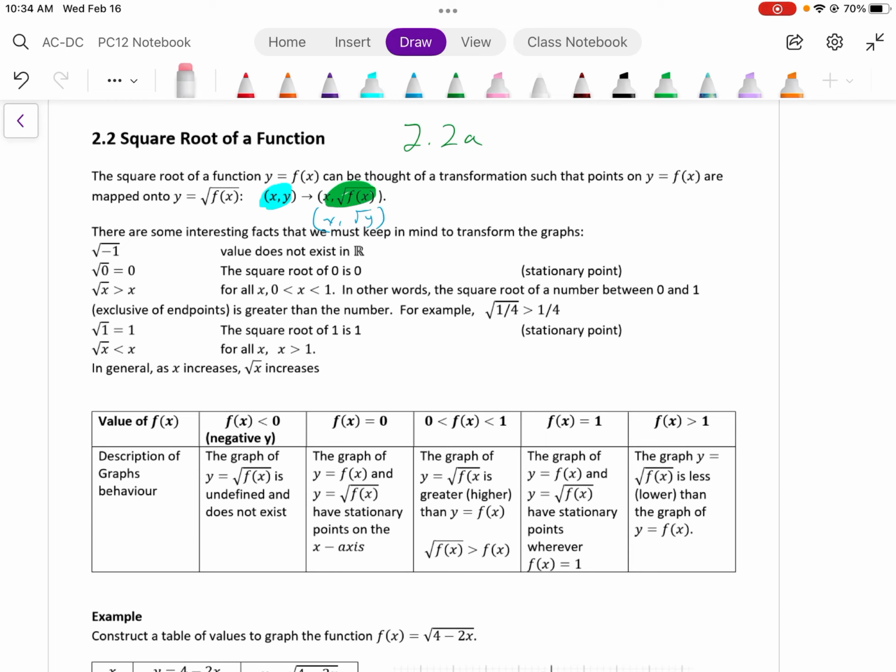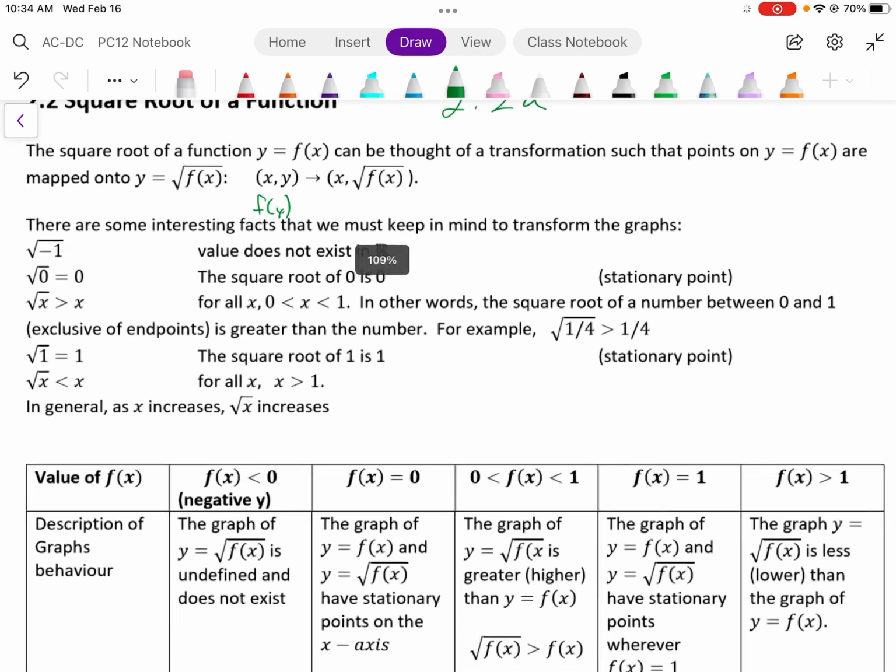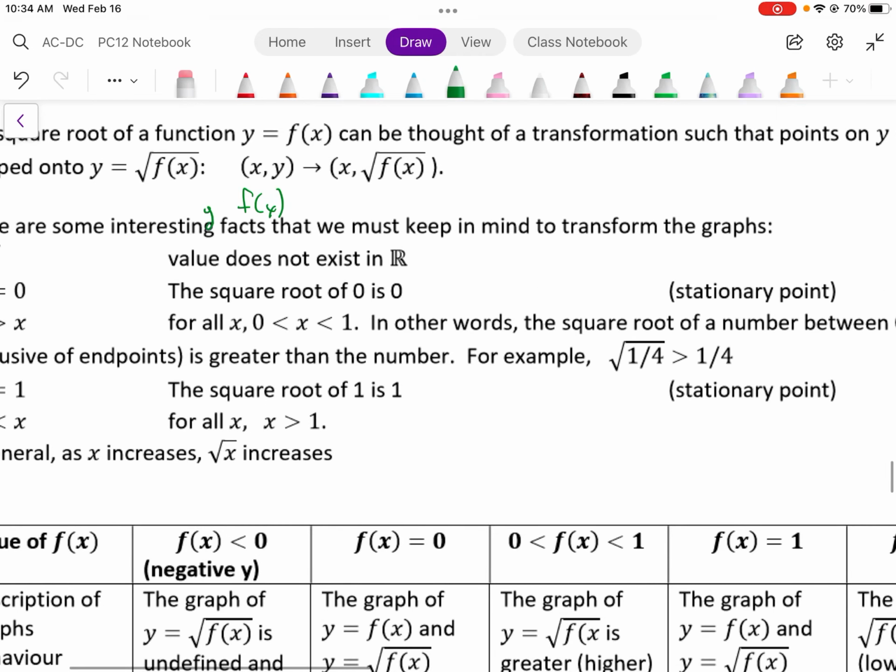But in mapping notation, what we see is that if f of x has point (x, y), so this point here might be on f of x, then y is equal to the square root of f of x will map into point x comma the square root of f of x.